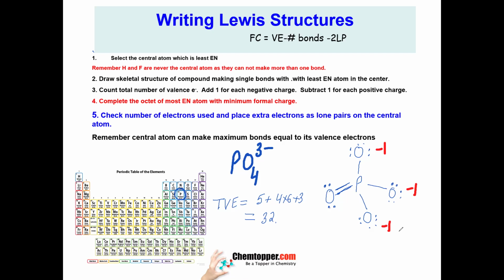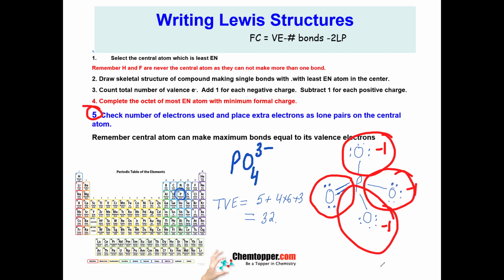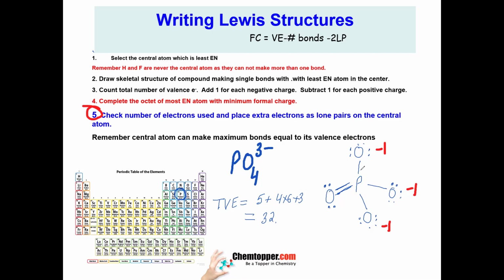Check how many are used, how many are left. Rule number 5. You ensure that every oxygen is with 8. So you can check like this. 8, 8, 8, 8, 8. 4 times 8, 32. All used. No lone pair on P. P is done. You can see P has used all its electrons. All 5. 1 here, 2 here. P is 0. Nothing left.